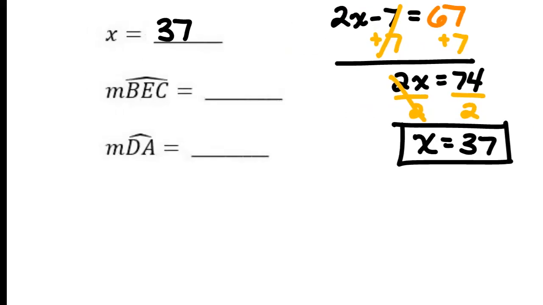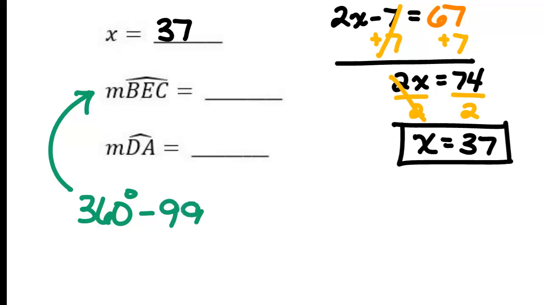So to find this, I can take a whole circle, 360, minus the one arc that we're leaving out, which is 99 degrees, and that would give me what? 261 degrees.